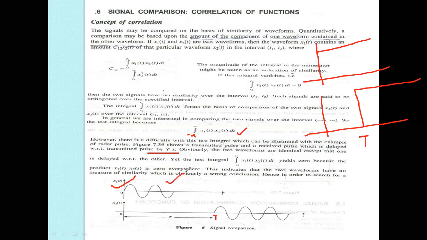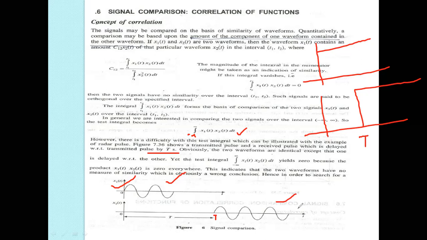The same signal we send on the transmitted side is also received, which is a ripple curve. We can call it an identical replica function, but after the delay it is received at the receiver side. The only difference is that one is delayed with respect to the other.